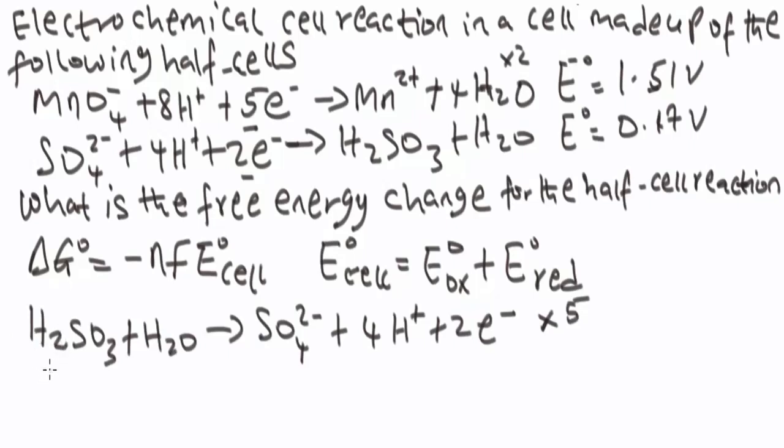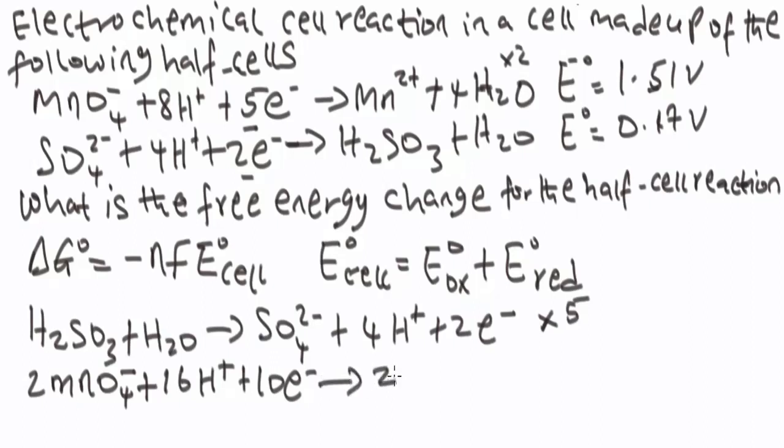So when you do it, you're going to have the new half reactions. When you multiply the reduction half reaction by 2, you have 2 permanganate ion plus 2 times 8 for hydrogen, which is 16 hydrogen ion, plus 2 times 5 electrons, which gives 10 electrons, yielding 2 manganese ion plus 2 times the 4 here, which gives 8 water.